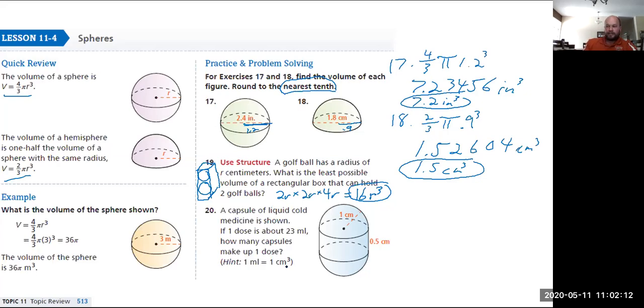Now, things to keep in mind. We have 2 hemispheres and a cylinder making up the shape. So what do we actually need to find the volume of? We only have to find the volume of 1 sphere and 1 cylinder, because again, the 2 hemispheres together are going to make 1 sphere.